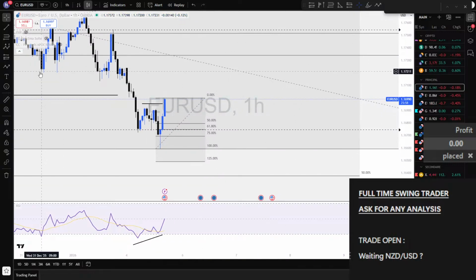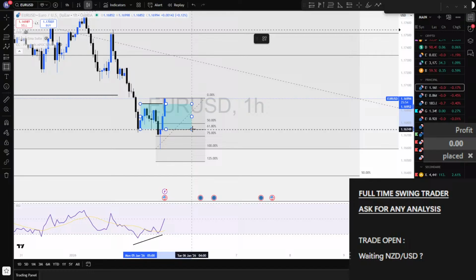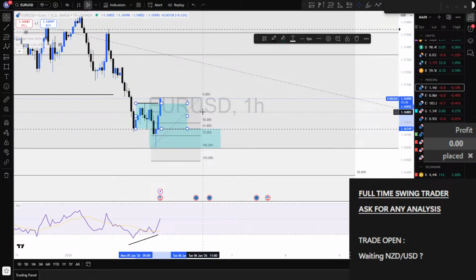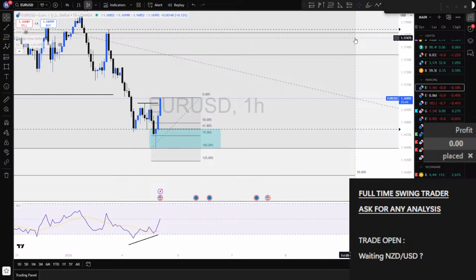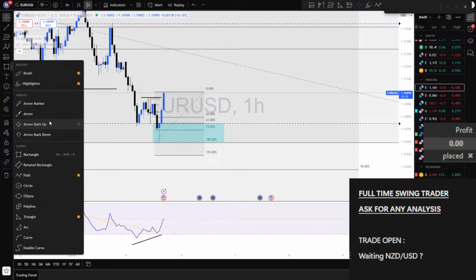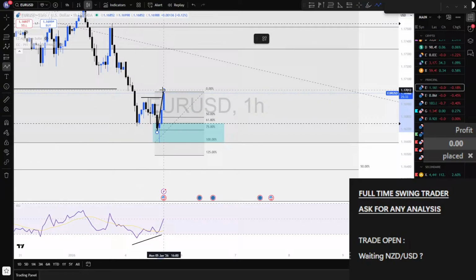He breaking his zone in one time, and most of the time when he does this, he's supposed to come back in the last unfilled POI, you know. I will see how the candle close. If he come back right in it after that, we'll see.